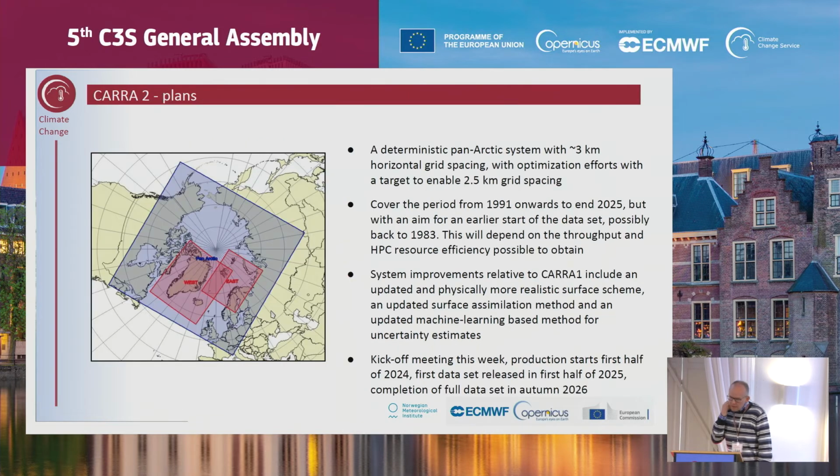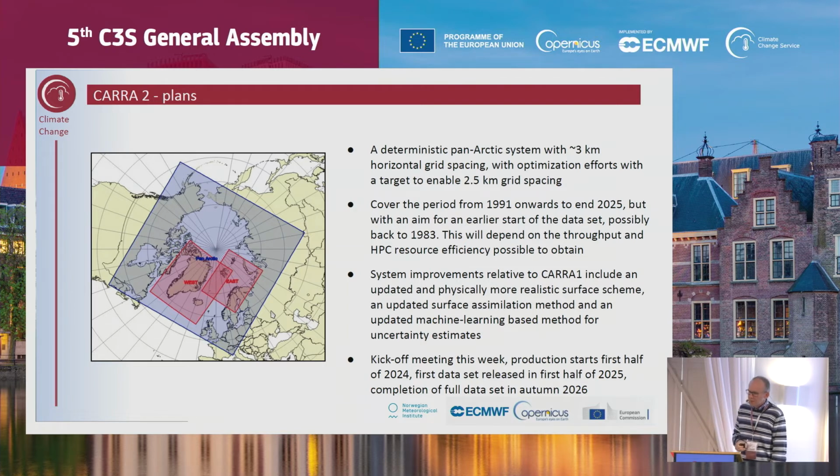Okay, so at the end, I will just mention that CARRA 2 is coming. Instead of the 2 regional domains or the 2 small domains, it will be pan-Arctic with a resolution of at least 3 kilometer grid spacing, with a period from 1991 and onwards.